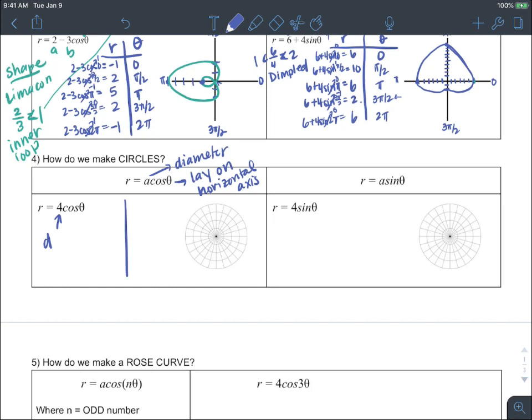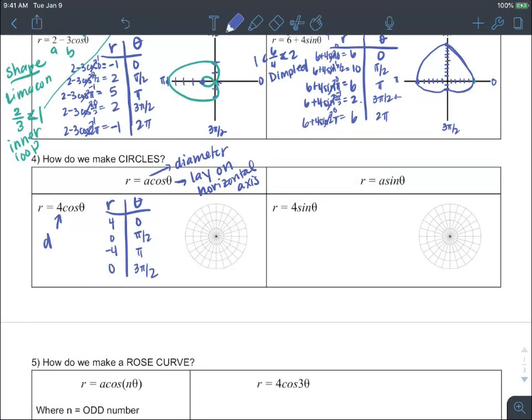So let's just make a little table. So r and theta, I always do my quadrant angles unless I have a multiplier in front of theta. Okay. So when I plug in 0, I get 4, then 0, then -4, then 0.